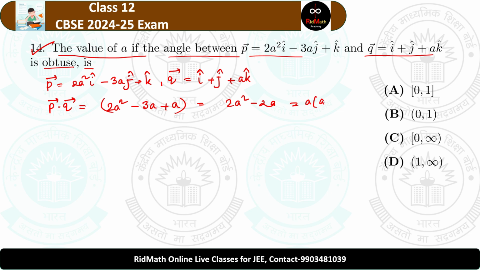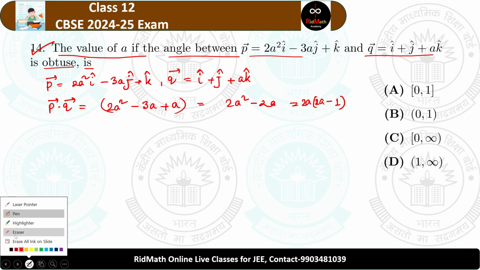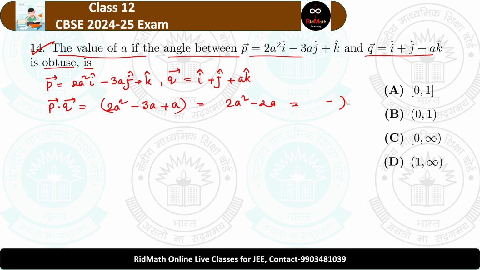Taking 2A common, we get 2A into A minus 1. Okay, rewrite it: 2A common, A minus 1.